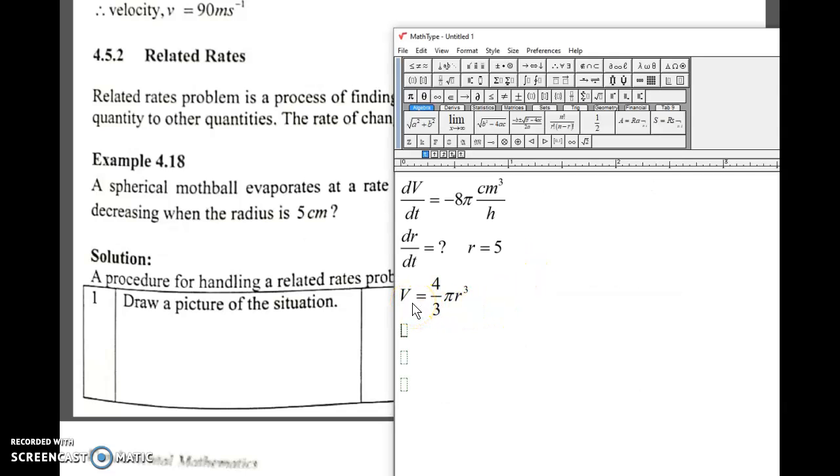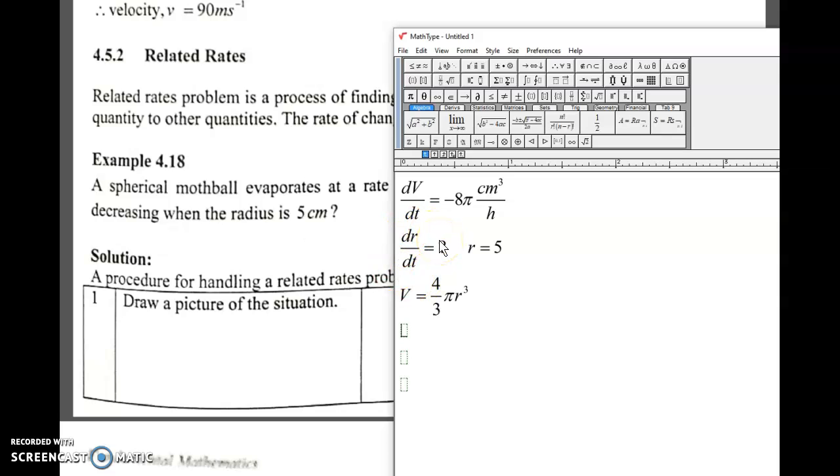As you can see, we have several variables available here. We have the information of dV over dt. We have the information of volume, that is V in terms of r. We also have dr over dt that we need to look at later. So how do we find dr over dt?